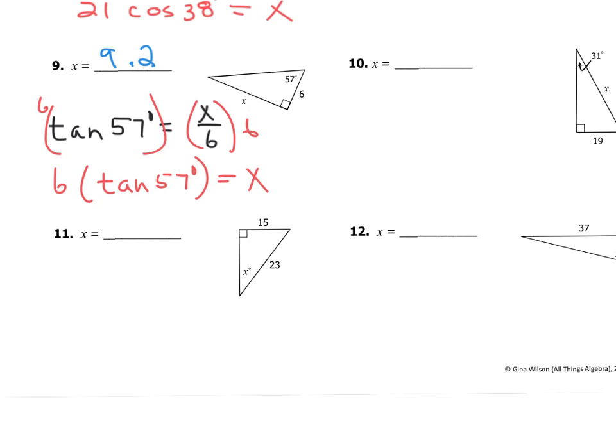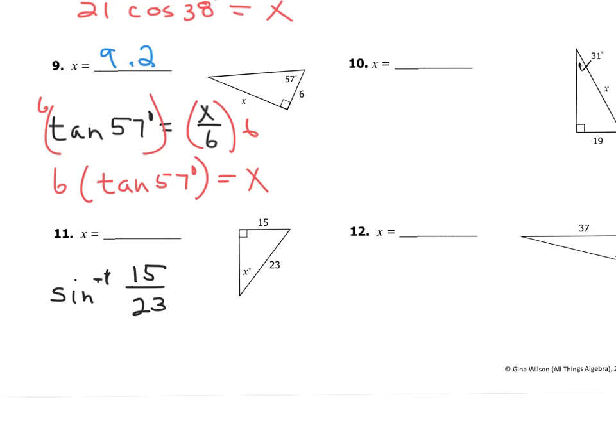Number 11, we've been given the opposite and the hypotenuse, but not the angle. We're looking for the angle. So remember, whenever we're looking for the angle, we have to use the inverse functions. So the opposite and the hypotenuse tell us that we're going to use the sine function, only we have to use the inverse sine. So we're going to do the sine inverse of the opposite, which is 15, divided by the hypotenuse, which is 23.